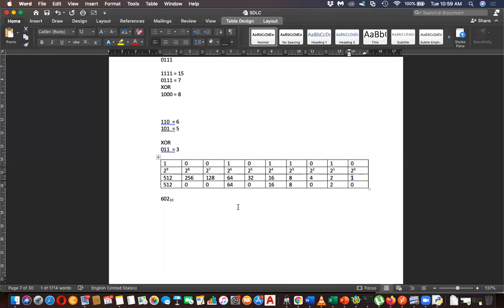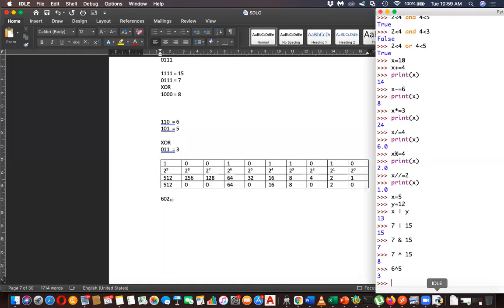So the last one is NOT. What happens if you give NOT 4? Not 4 is 0? No, not 4 is minus 5.